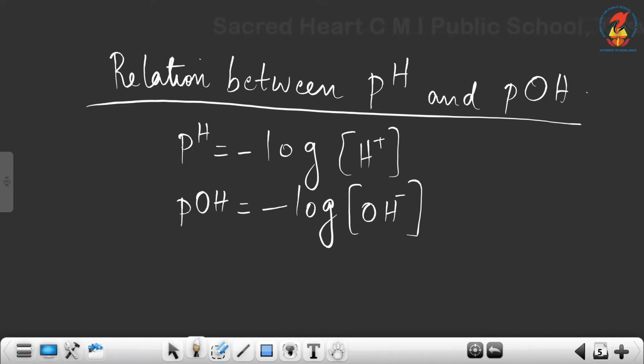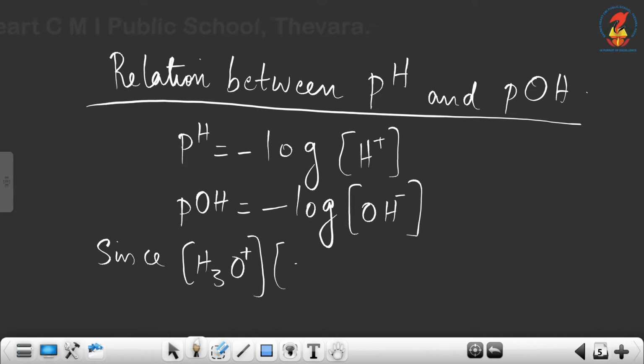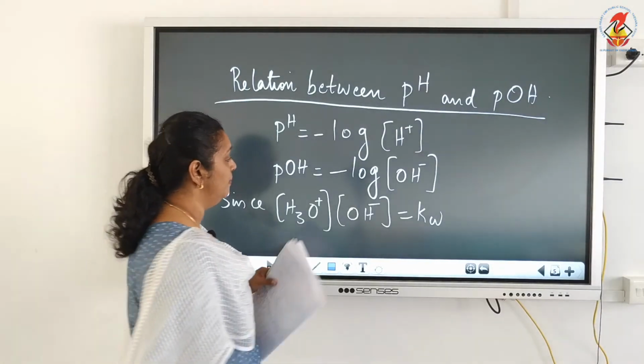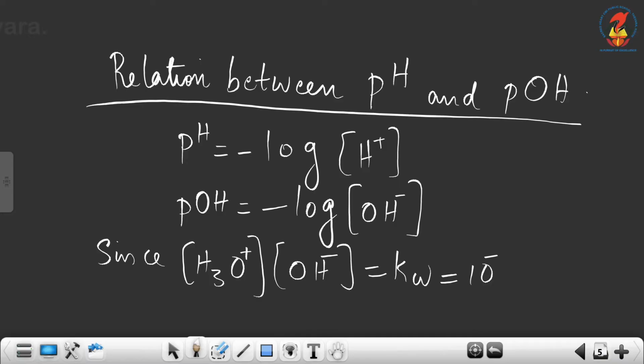Now we know that concentration of H3O plus into concentration of OH minus is equal to Kw, that is the ionic product of water, and its value is equal to 10 raised to minus 14 molar square at 25 degrees Celsius.